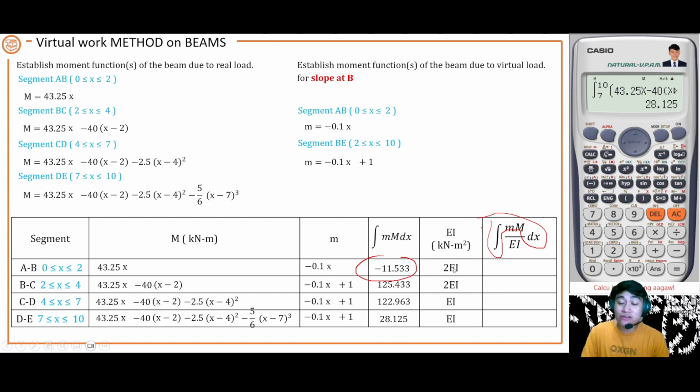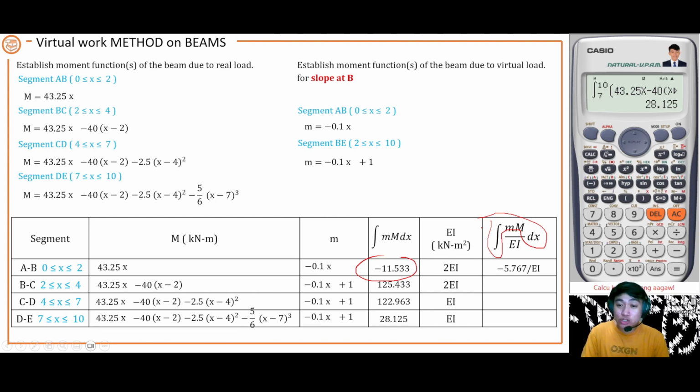However, if you don't have the value of EI, just use this 2, divide this value by 2, and then you have a variable of EI. Since we don't have the exact value of EI, this will be negative 5.767.